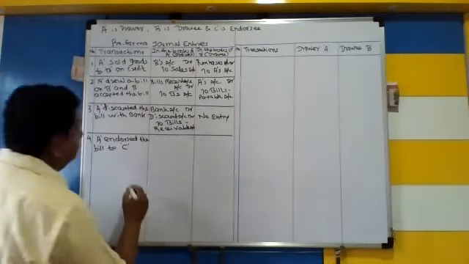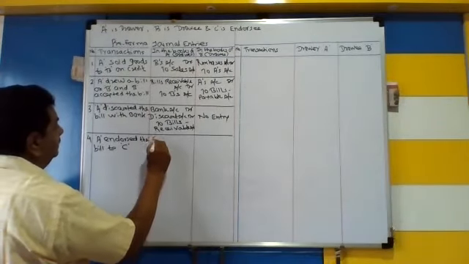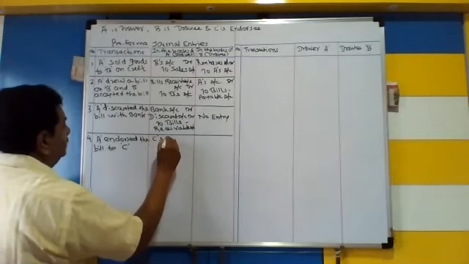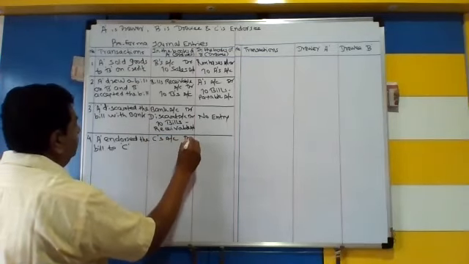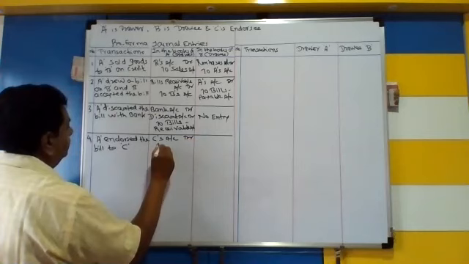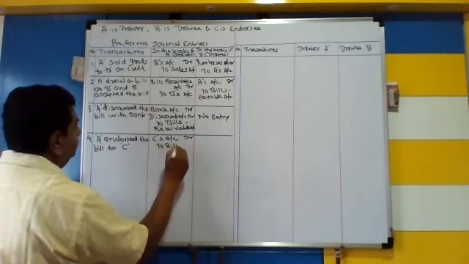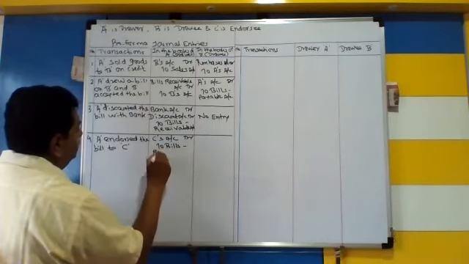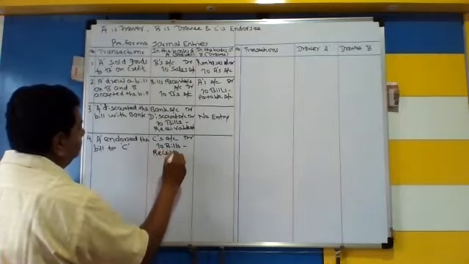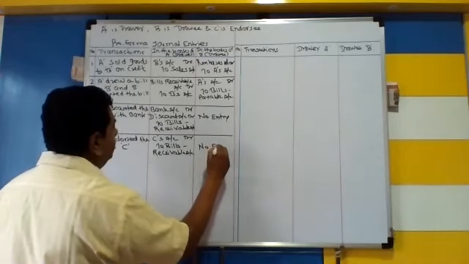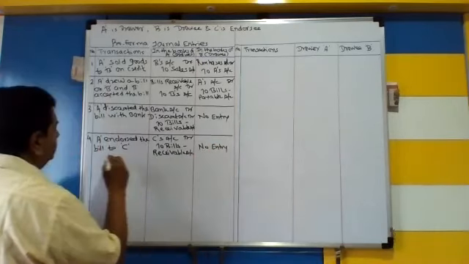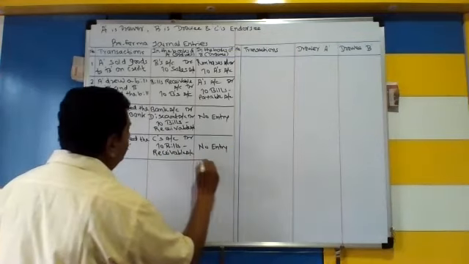The entry in the books of A is C's account debit to bills receivable account. Again, B has no entry because this is an activity done by drawer.